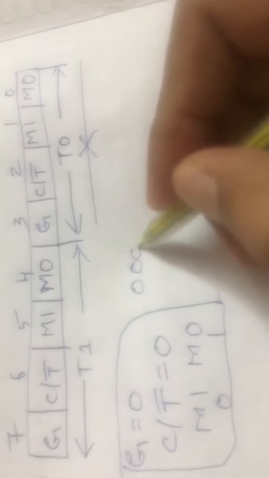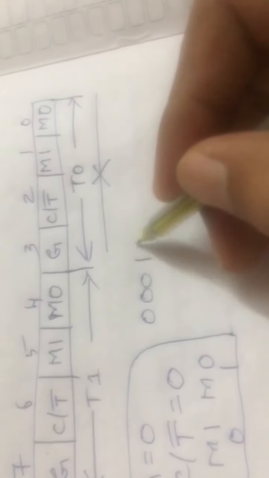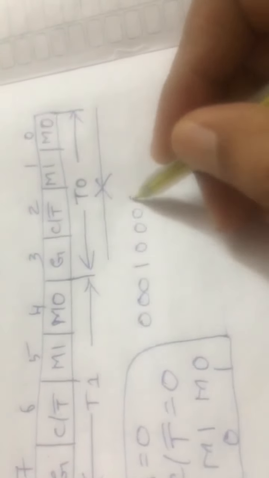We need to take these values inside this particular bit pattern. So the first is 0, the next is 0, the next is M1 M0, that is 0 1. So the next 4 bits are equal to 0 0 0 0.